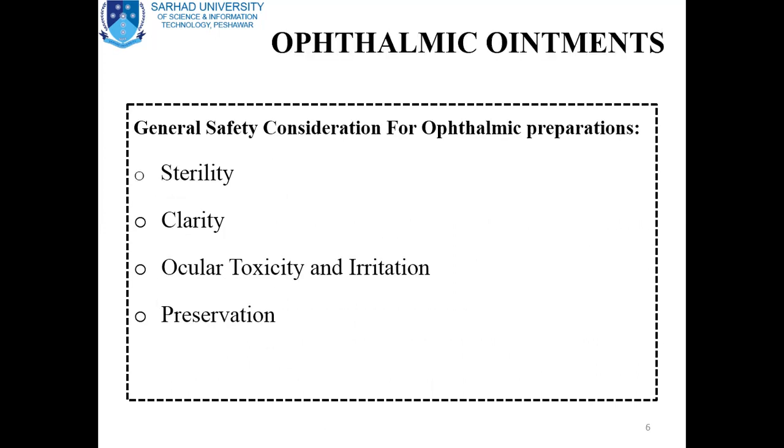After that, I have discussed in detail the general safety consideration for ophthalmic preparation. Any ophthalmic preparation should be considered for sterility, should be free from the viable microorganism, it should have clarity. If we check the clarity test, it should be clear.